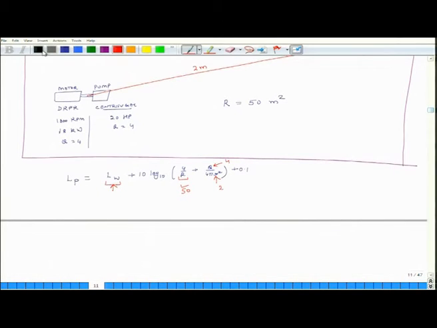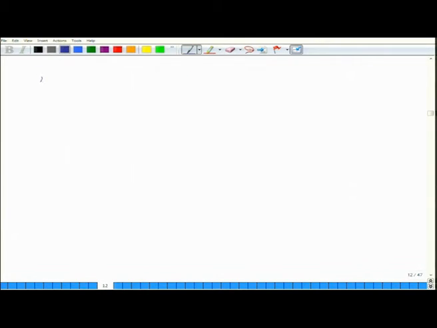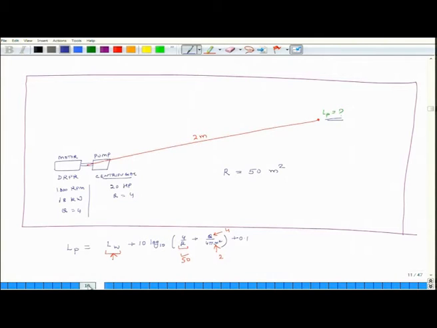So, let us first compute the sound power level for the pump, LW pump. What is the RPM of the motor? It is 1800, because the motor is driving the pump at 1800. So, it is the same.